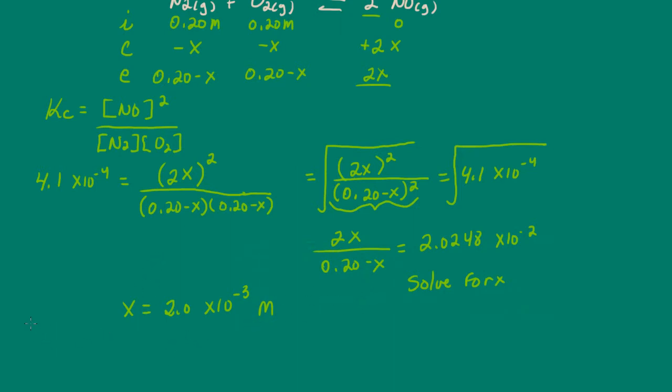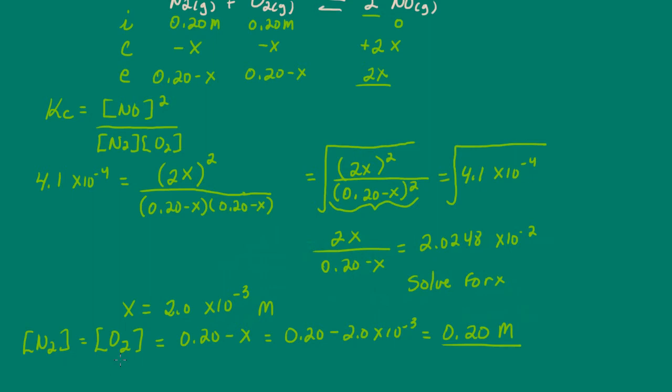At equilibrium, the concentration of nitrogen and the concentration of oxygen are equal, and they're equal to 0.2 minus x, which would be 0.2 minus 2.0 times 10 to the negative 3. And they're just equal to 0.2 molar.